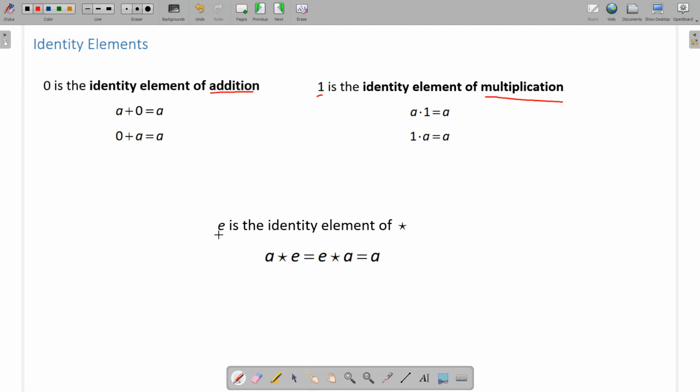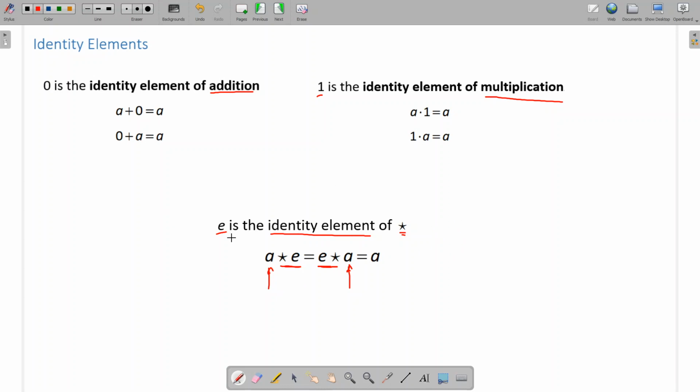So in general, we say that an element E is an identity element of a binary operation, in this case I'm just calling the binary operation star, it could be any type of binary operation, if A star E is equal to E star A equals A, meaning that applying the operation with this E element does not change the original identity of the other number or element that we're dealing with.